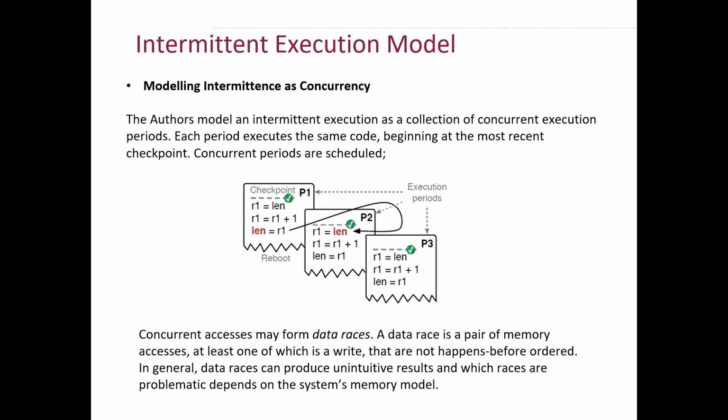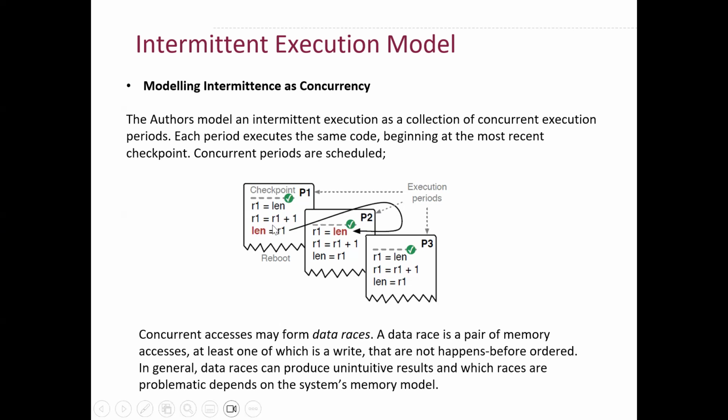In our case, the solid arrow highlights two unintuitive consequences of intermittent execution. The second execution period, P2, preempts the first execution period, P1, after P1 completes the write to the non-volatile memory, which is the variable len.